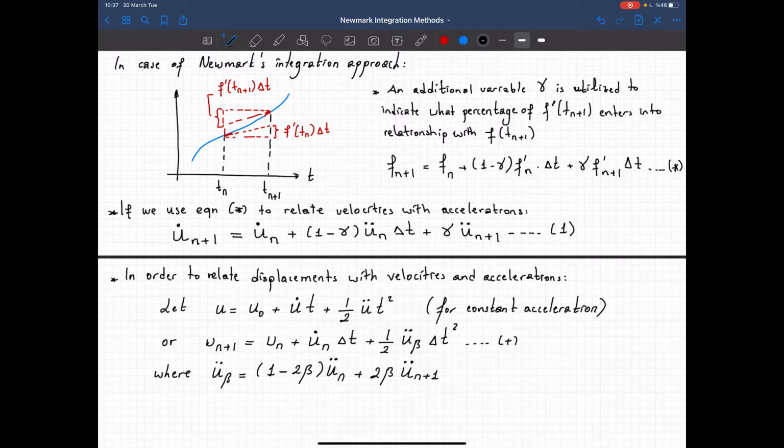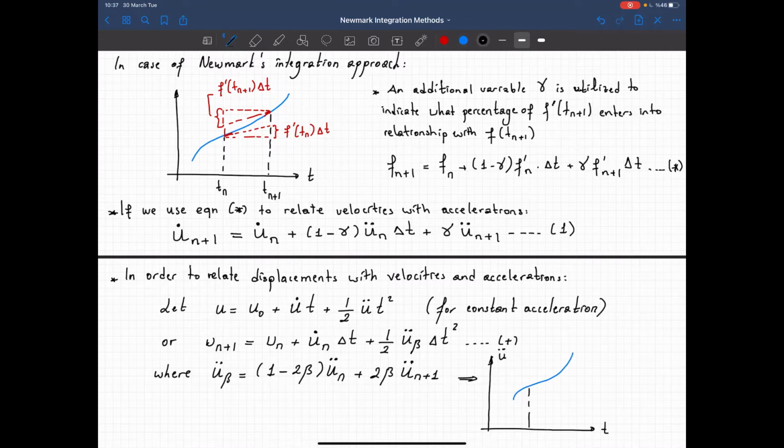So in this equation, let's see what u double dot beta means. This is a time-acceleration graph, and let's assume that we have a variation of acceleration as follows.